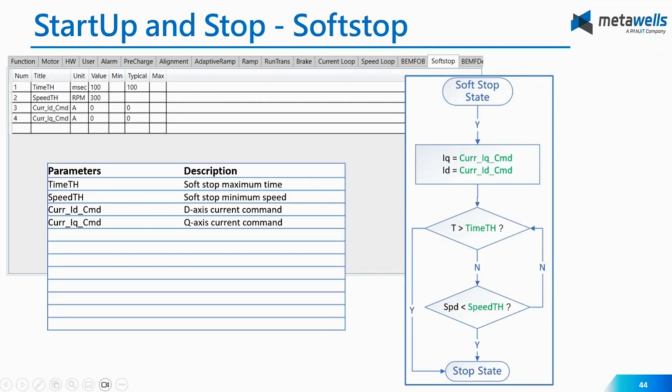The two conditions are the timeout and the speed threshold. The controller will stay in soft stop until a timeout is reached, or the speed drops below the predefined threshold. Once either condition is met, the PDAN output is turned off immediately.